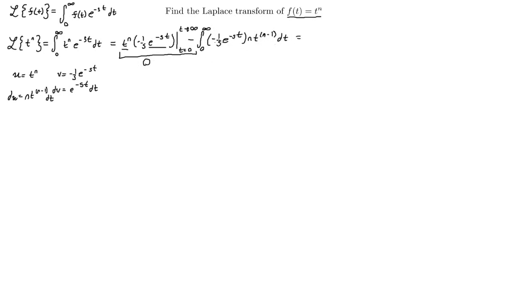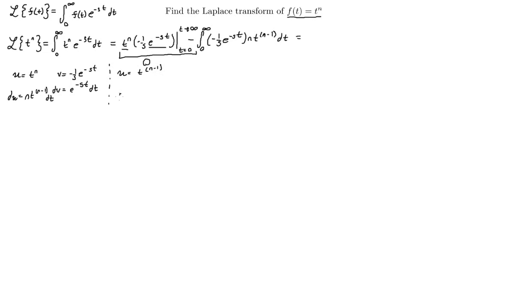So now we're going to have another integration by parts. And again, it'll be the same thing. Now let me come over here. So this time, our u is t to the n minus 1.